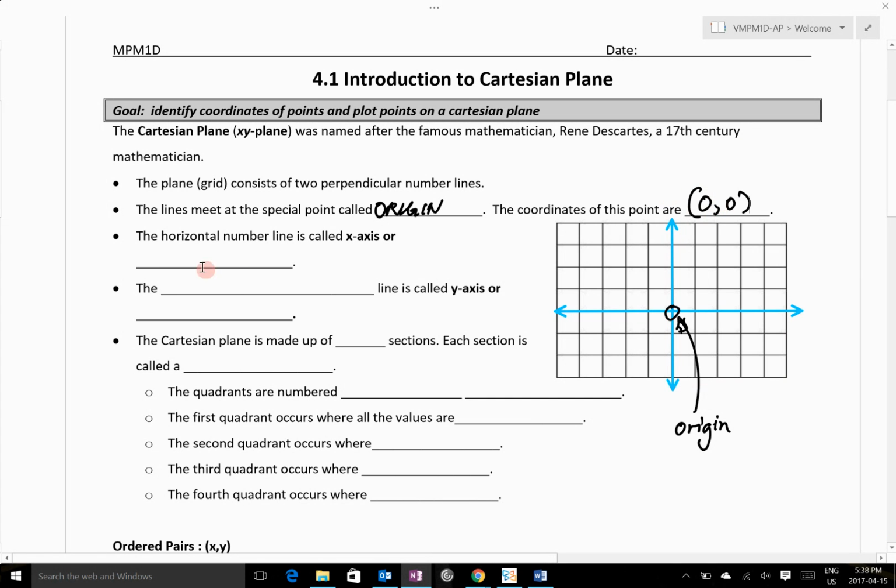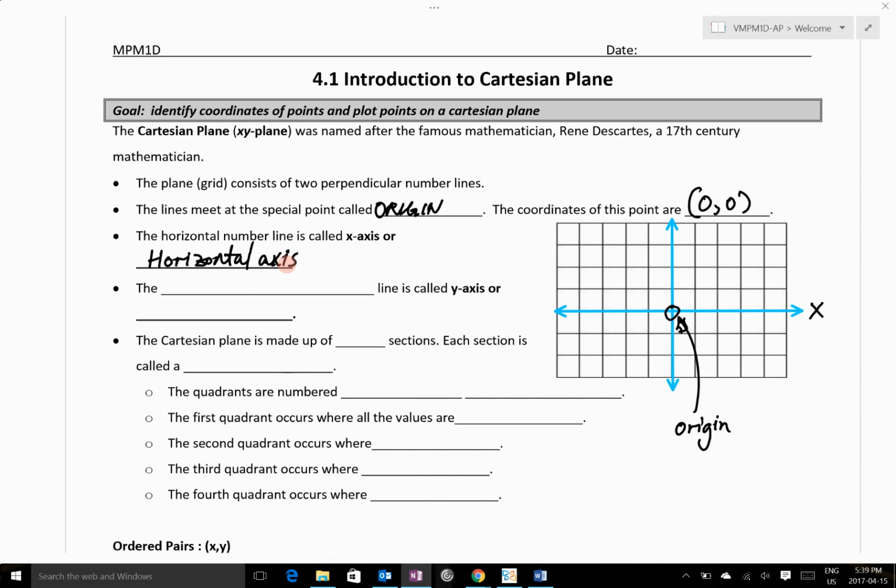Okay. The horizontal number line is called the x-axis or the horizontal axis. So I can label this x to represent the x-axis. And my notes here, if we don't call it the x-axis, we always call it the horizontal axis. And similarly, we can look at the other one, and we call that one the vertical axis.